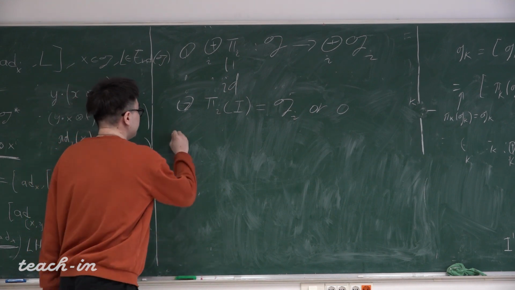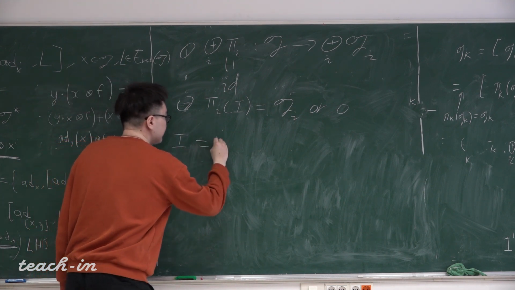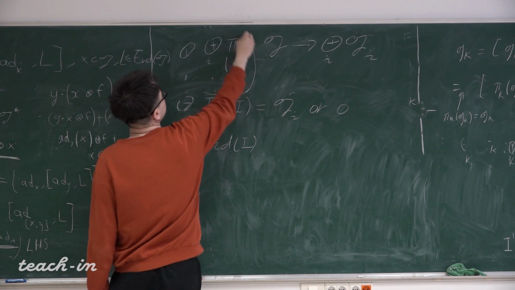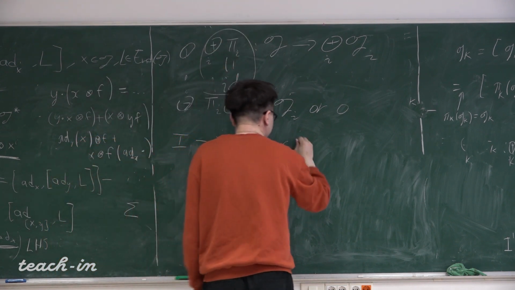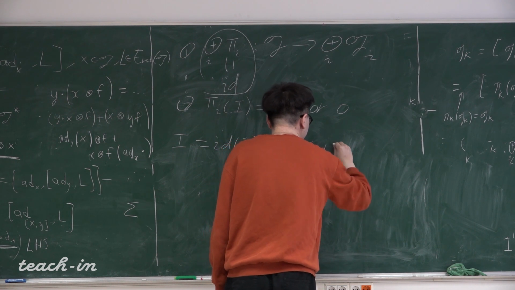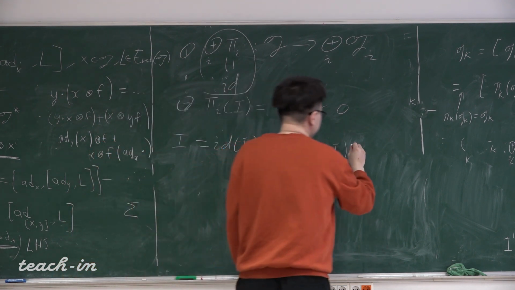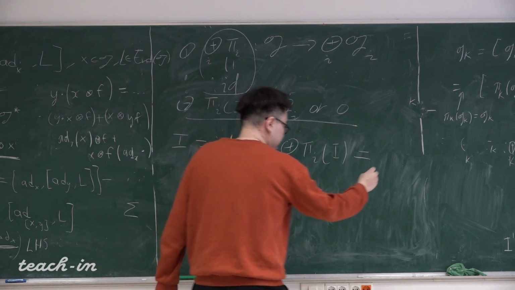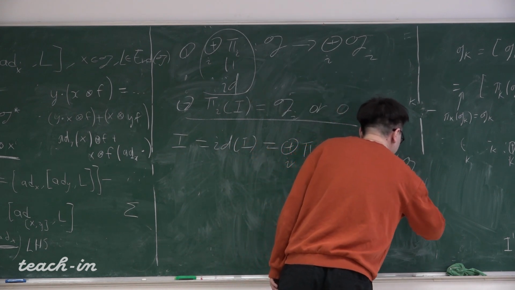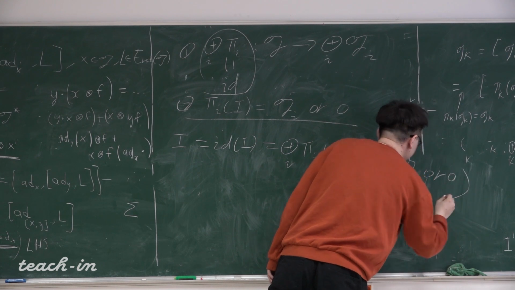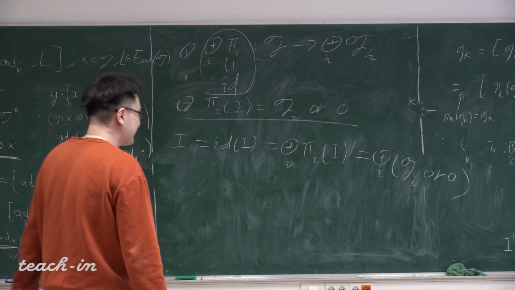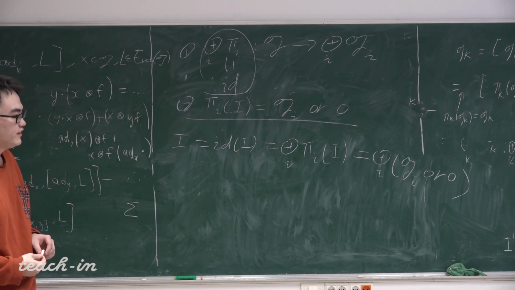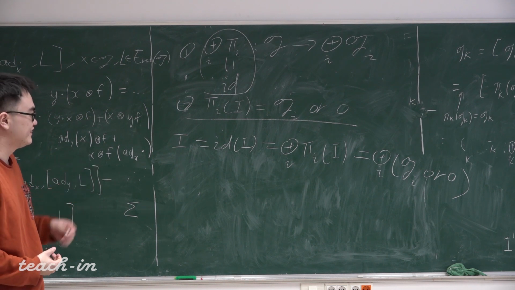And so now I and I is this, and then use this thing. And next, by the second fact, this is GI or 0. And then I is this. Then we're done with the first.